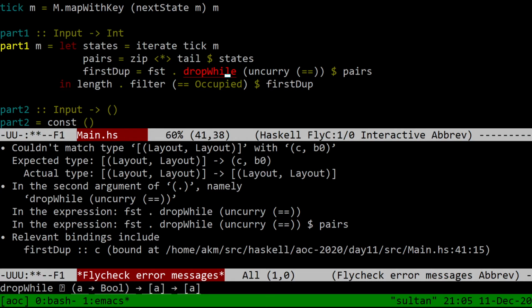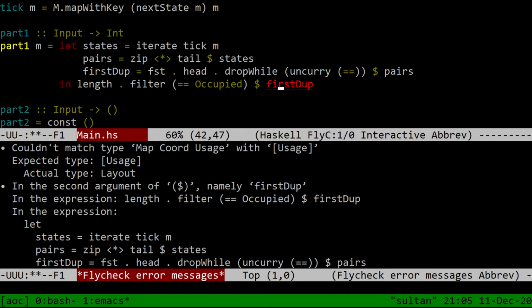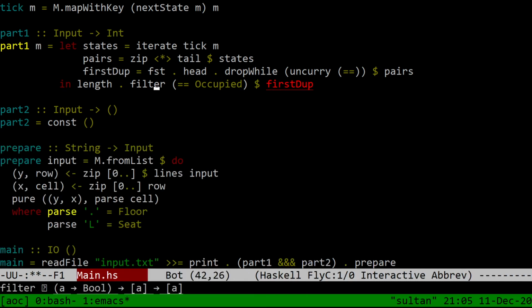Why are we mad about? Oh, yeah, sure. Oh, filter actually takes a list. I was just thinking that since maps are foldable, this would work, but filter doesn't take a foldable.